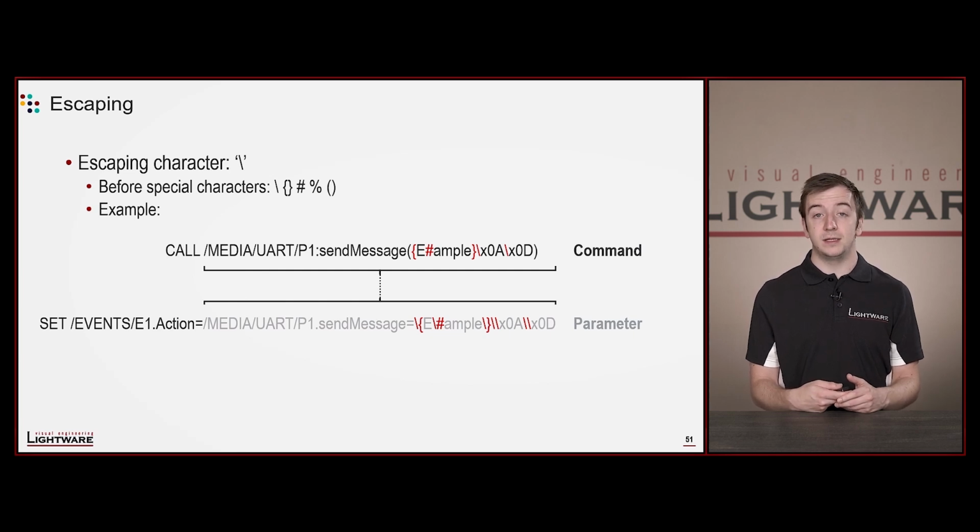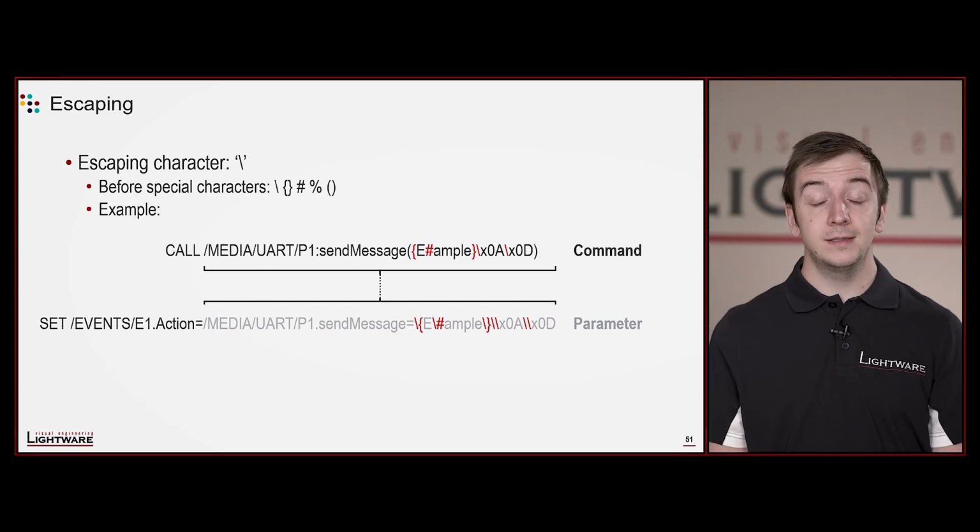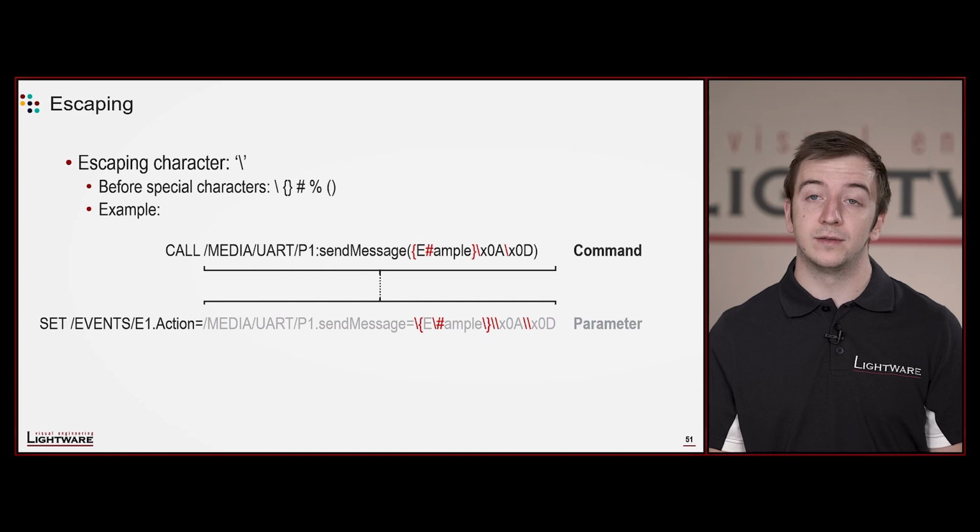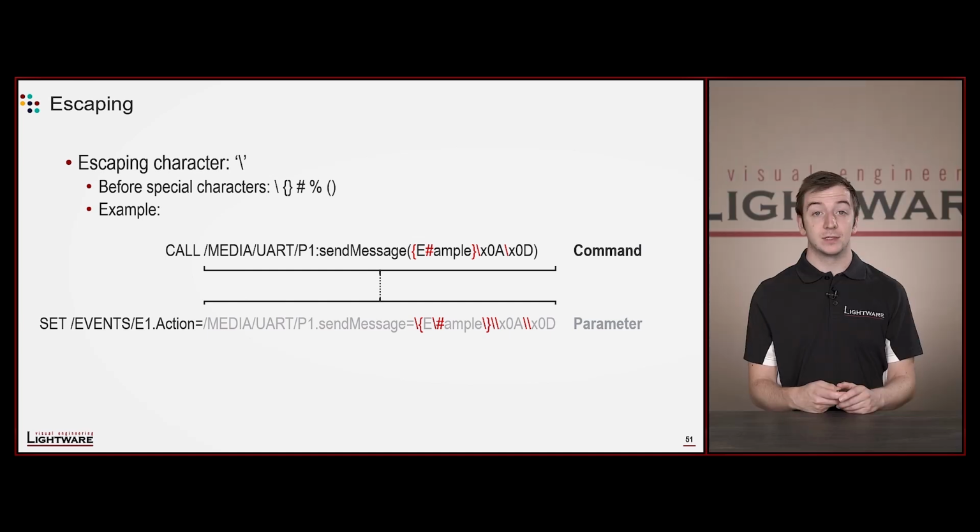Now, in this case, if the LW3 command contains so-called special characters, you have to use an escaping symbol before them. This helps the Lightware device distinguish between an executable command and the parameter. So to sum up, if you are using special characters as parameters, you should escape them, which helps the Lightware device understand that this is still a parameter, not an executable command.